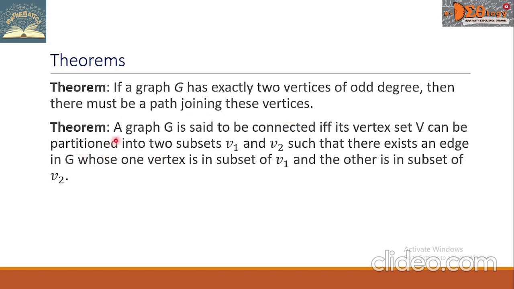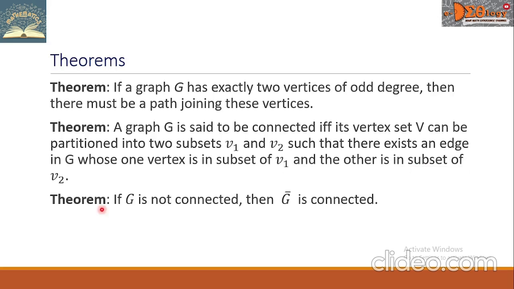Second theorem, a graph G is said to be connected if and only if its vertex set V can be partitioned into two subsets, V sub 1 and V sub 2, such that there exists an edge in G whose one vertex is in the subset V sub 1 and the other is in the subset V sub 2.